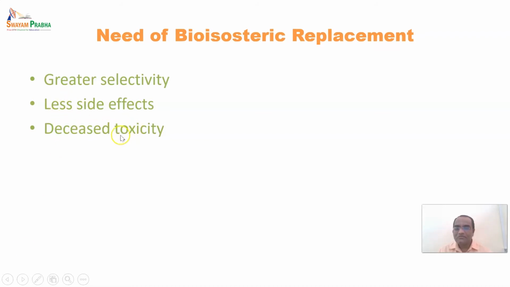Toxicity is also reduced by making a little modification in the drug molecule.